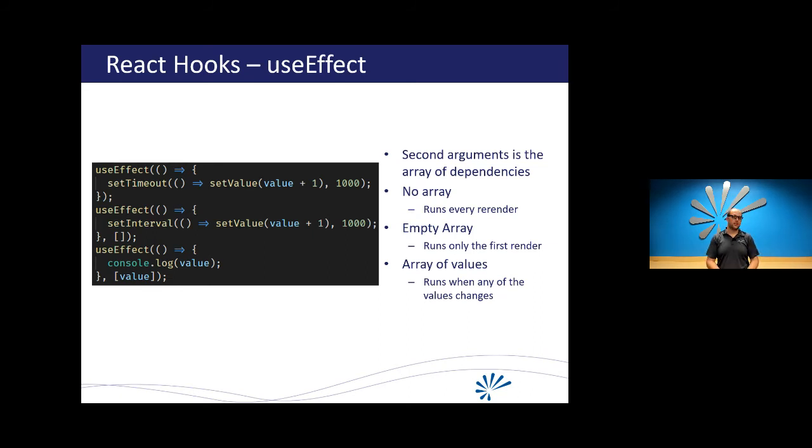It'll only console log if value changes. It won't log 70 times a second or however fast React can re-render, right? It'll only do it when value changes. So this really allows you to be like, okay, I have data, and when that data changes, I want to do something with it. It makes it a lot easier to read and understand where data is coming from and why the data is the way it is.